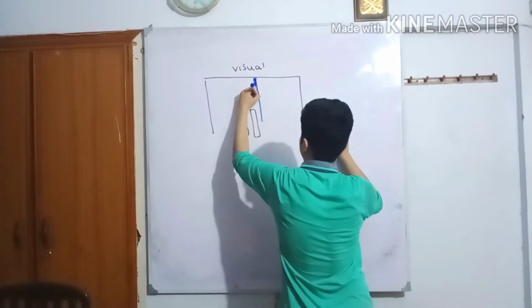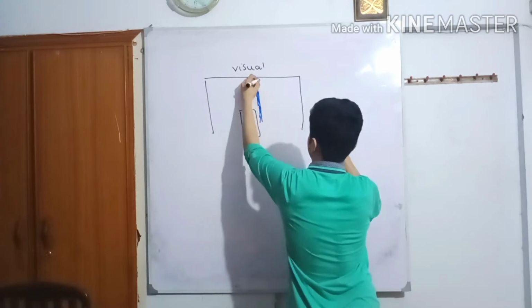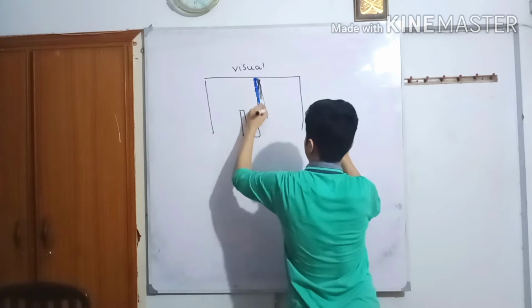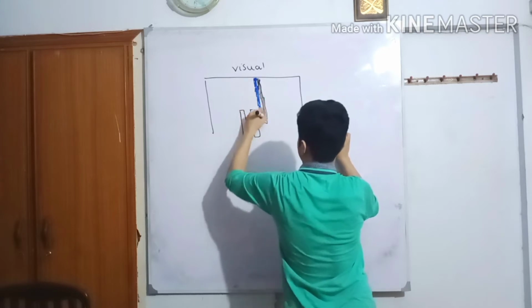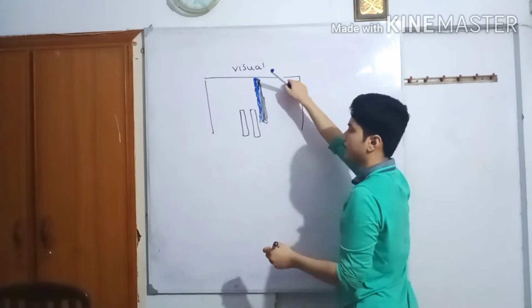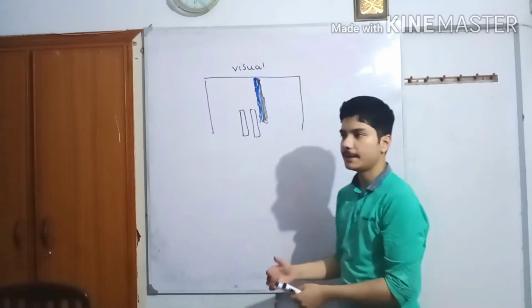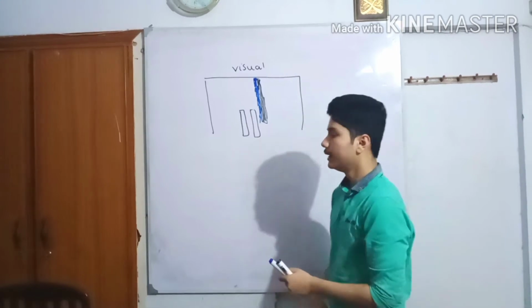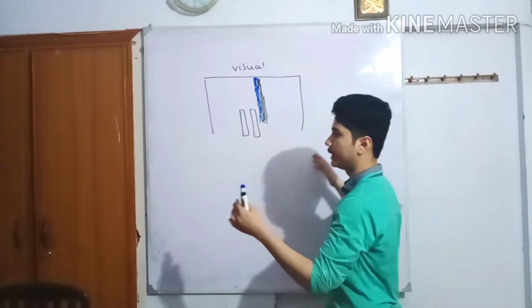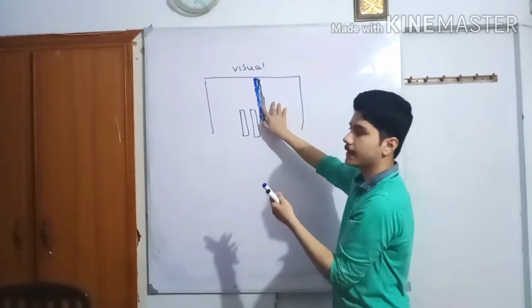For example, this is bright and this is dark, just like that: bright, dark, and then bright, and then dark, and then bright, and then dark. This type of fringes you basically watch. What happens is that when two waves are passed through two slits, they are allowed to interfere, and when they interfere, they produce interference of light.